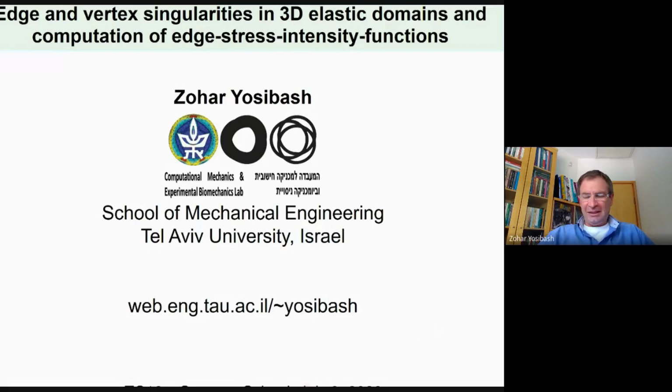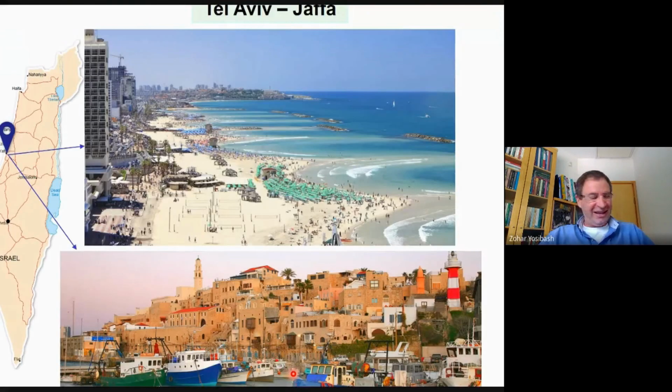Now, since we are not having this summer school in Madeira, I wanted to show you a little bit what it is like in Tel Aviv. So we are in Tel Aviv, and that's how Tel Aviv looks. There aren't that many people on the beach because of the coronavirus, but still people are around. We have Tel Aviv and we have Jaffa, and you can see here Israel.